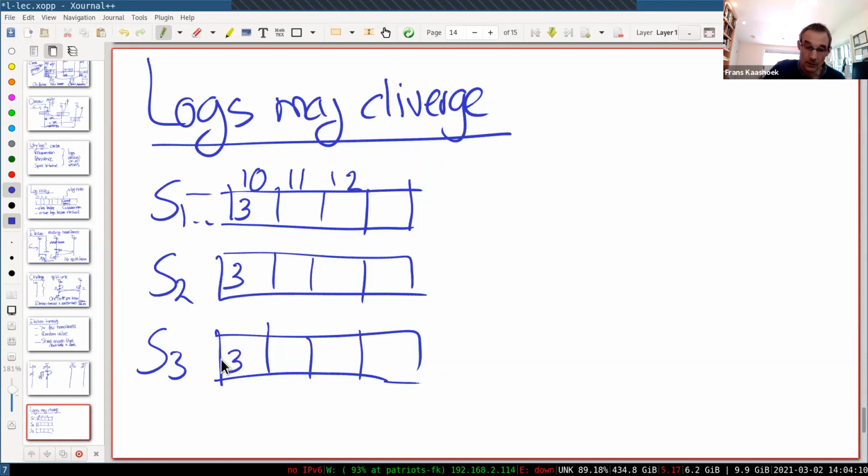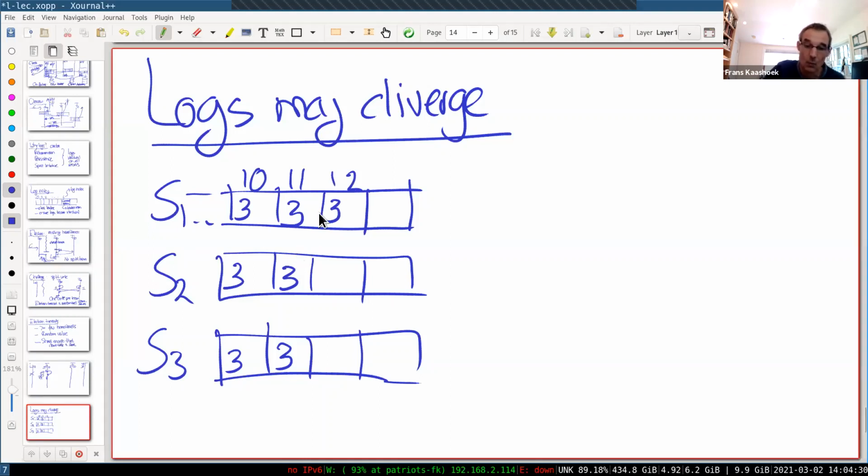And the same thing happened with index 11. So one way you could get this is that server 1 would be the leader. Server 1 appends it to its own log, then replicates it to S2 and S3. Same thing happens for index 11. Then index 12, maybe it's also successful.